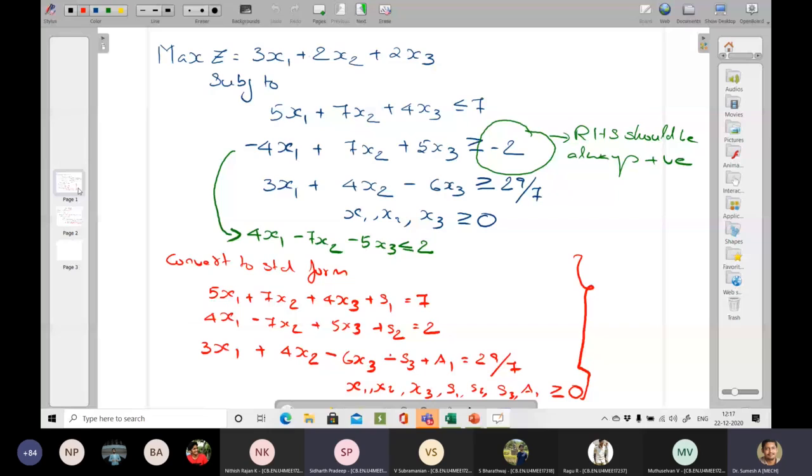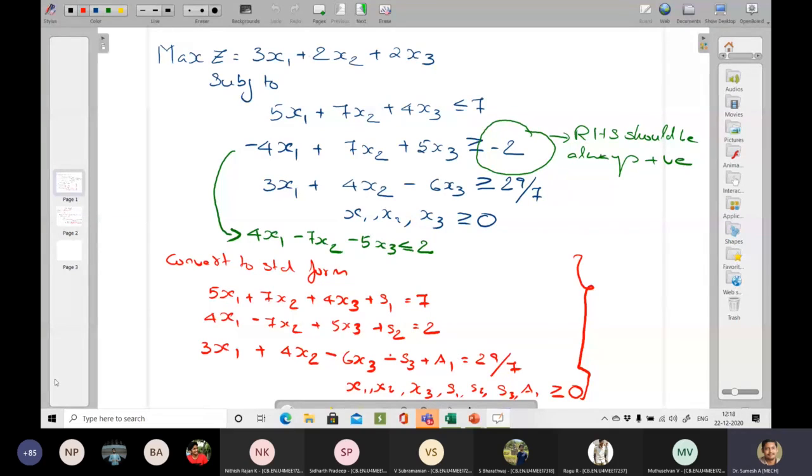So the auxiliary LPP objective function will only have this artificial variable alone. If you take the homework problem, there are two artificial variables, so you need to take both into account.